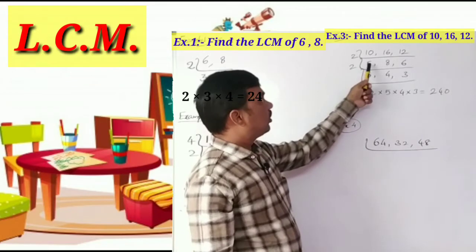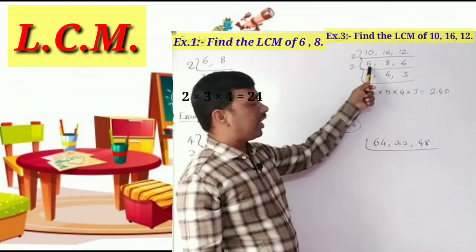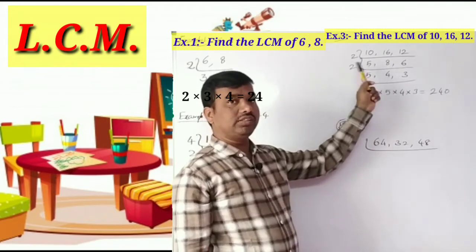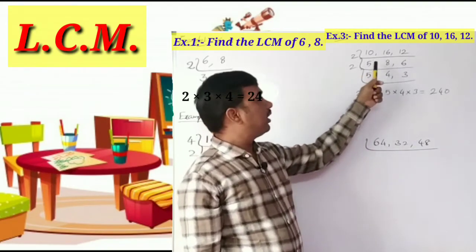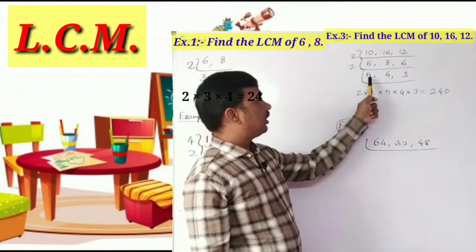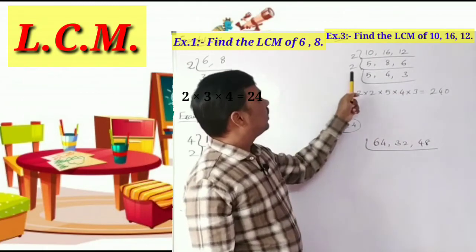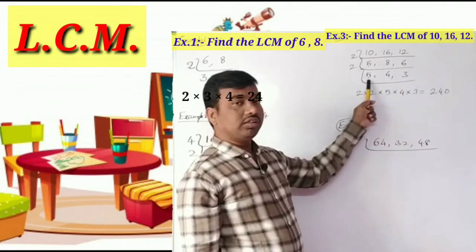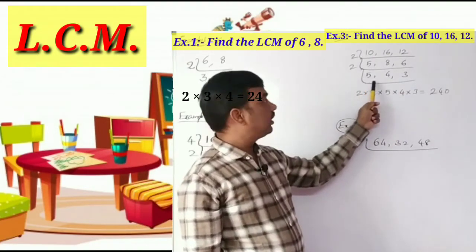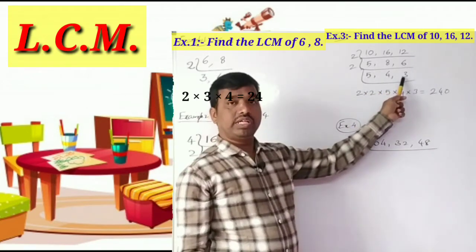So in the 2 table we can't find 5. That means 5 is not divisible by 2. So that number remains the same. Write the number the same, 5, and 2 4s are 8, 2 3s are 6. Next, 5 is only divisible by 5, 4 only divisible by 2, 3 only divisible by 3.